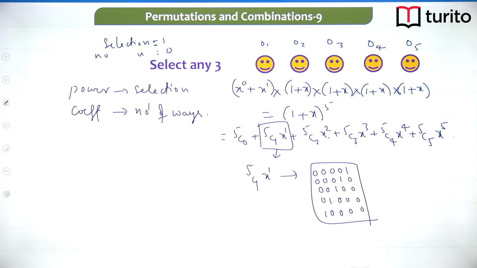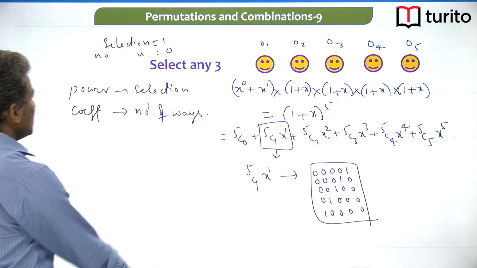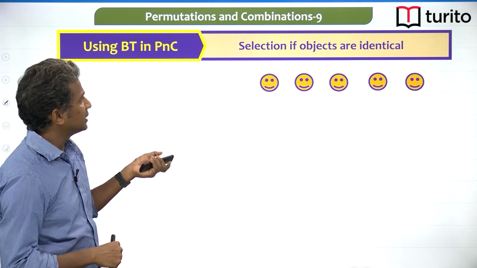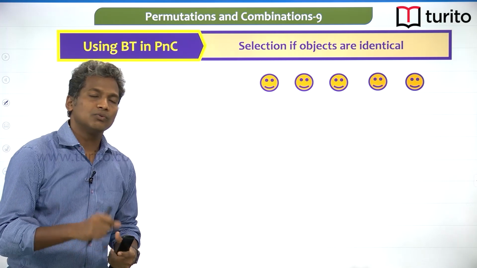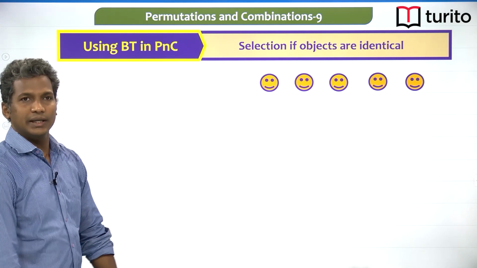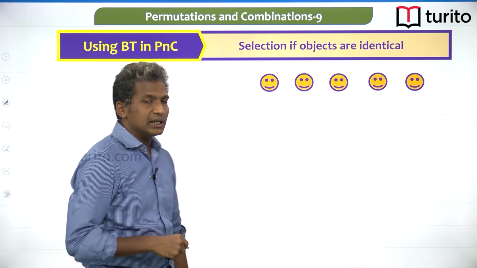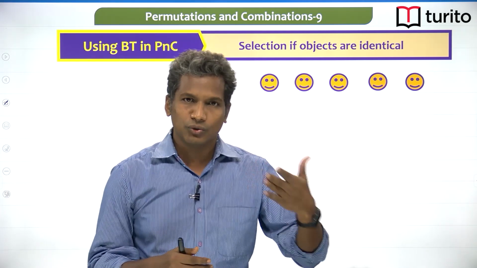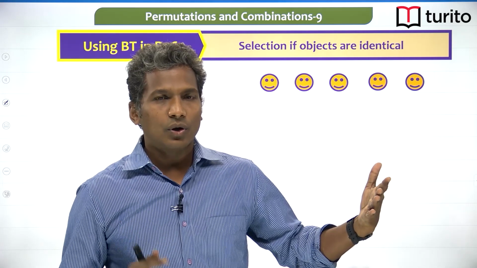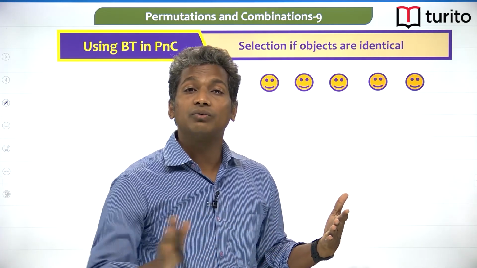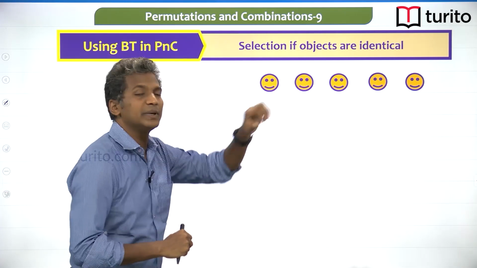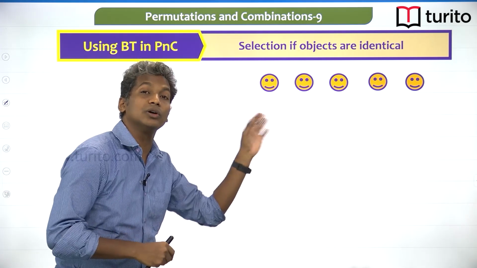Now let's have a look at the same idea but using identical objects. If identical objects are taken, whether you are selecting one object, two objects or three objects, all of them have only one way. So what function can we write for all of them?